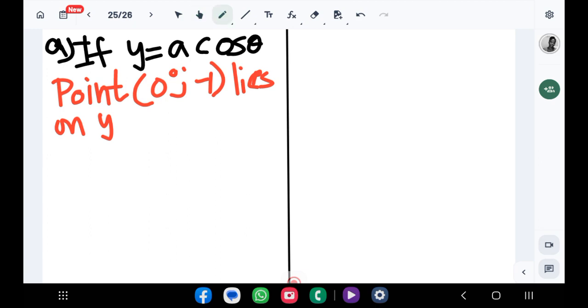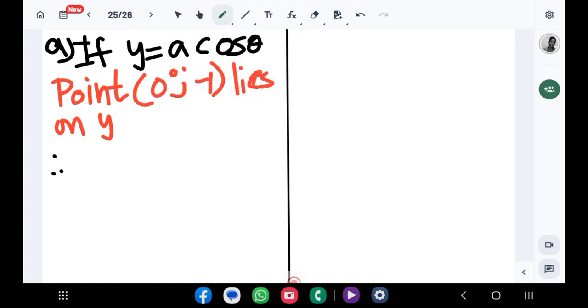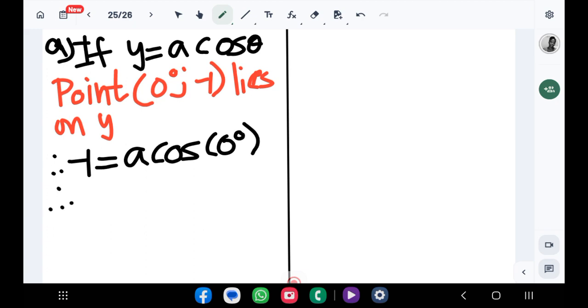That's part of y. Therefore, we substitute the point. So negative 1 equals a cos of 0 degrees. Take out a calculator. Cos of 0 degrees is equal to 1.